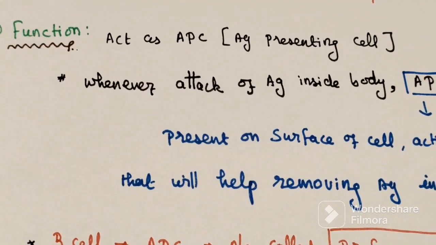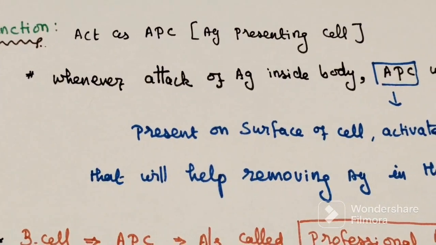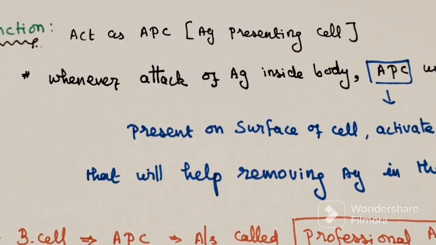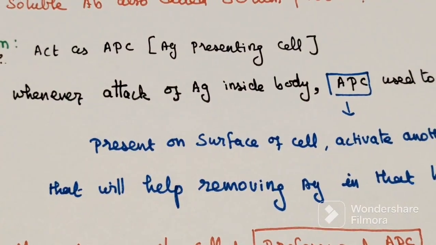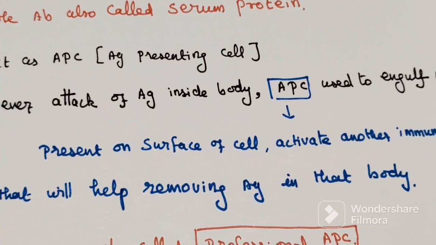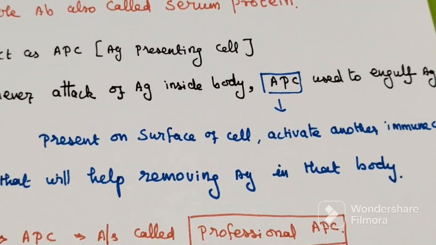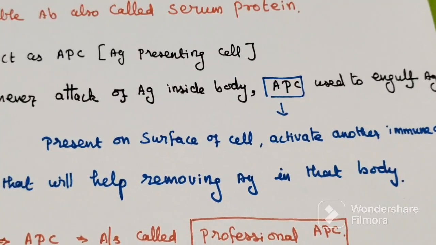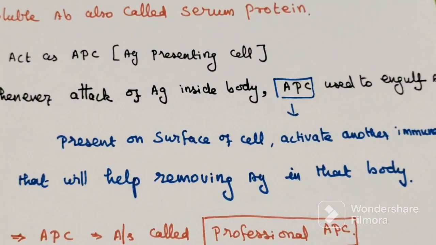Next, important functions. It acts as an antigen presenting cell, APC. It has a very important role whenever there is an attack of antigen inside the body. At that time, the antigen presenting cell takes up that antigen and fragments it, which is known as processing the antigen.